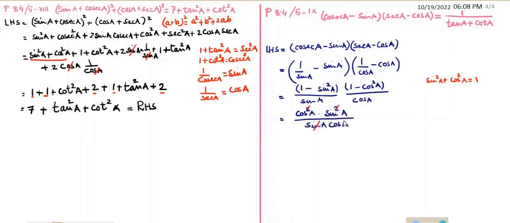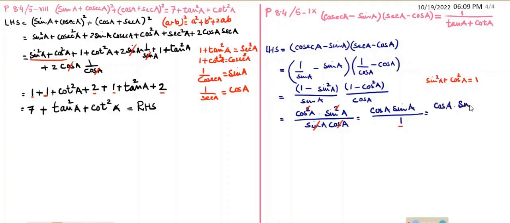Common terms of numerator and denominator will cancel each other. So we are left with cos A and sin A divided by 1. Note that the right hand side denominator has two terms joined with plus sign.